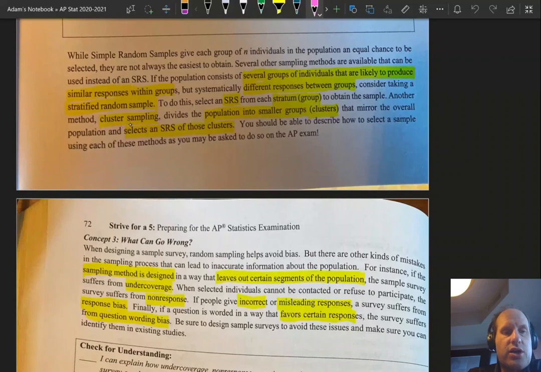Another method is called cluster sampling, which divides the population into smaller groups that mirror the overall population and selects a simple random sample of the actual clusters.